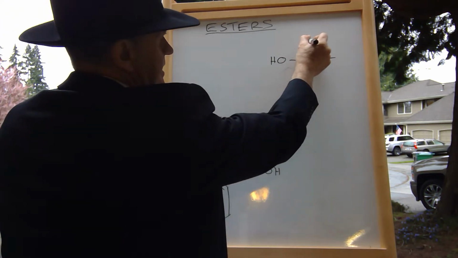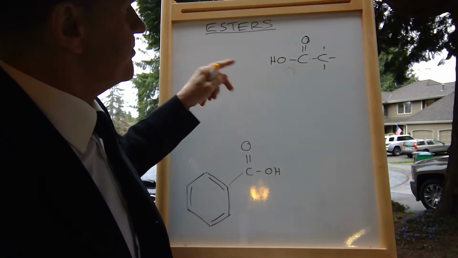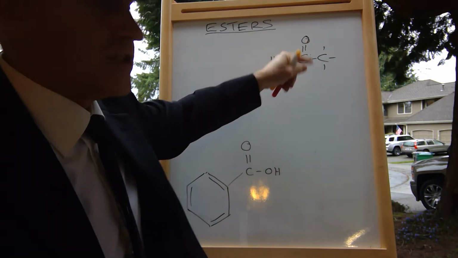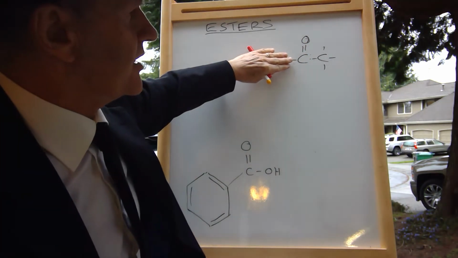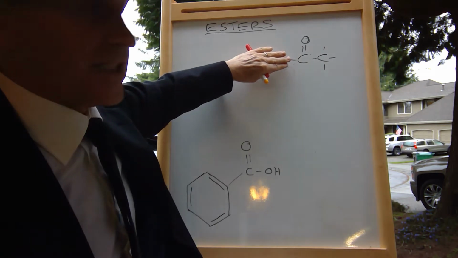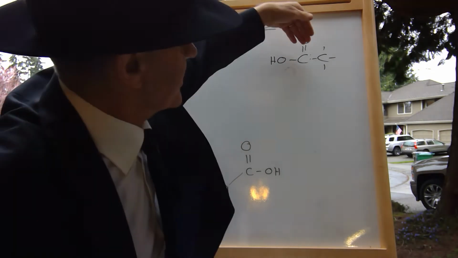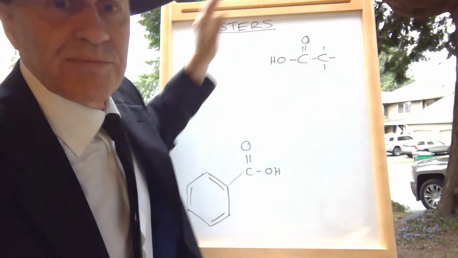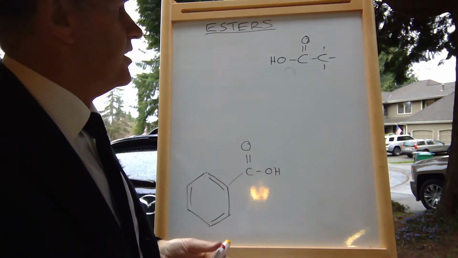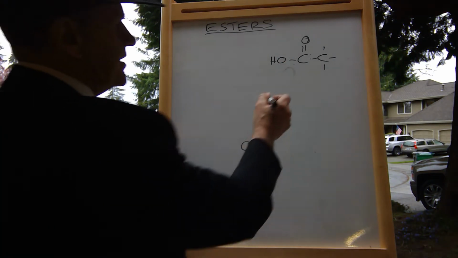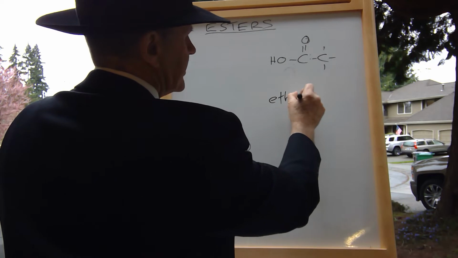It is a COOH group, which consists of a double bond oxygen, and without that hydroxyl group, it would be an aldehyde, and also an OH group, a hydroxyl group, and without that aldehyde group, it would be an alcohol. But both of them together make a carboxylic acid. So this one is ethanoic acid.